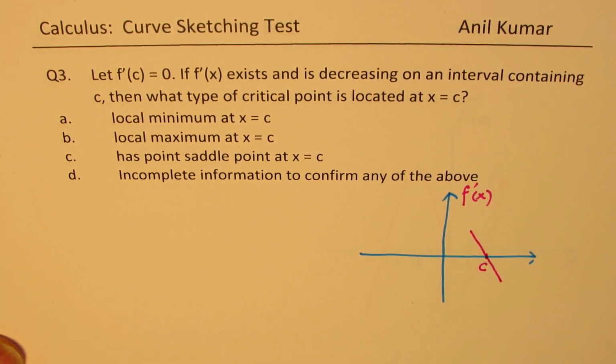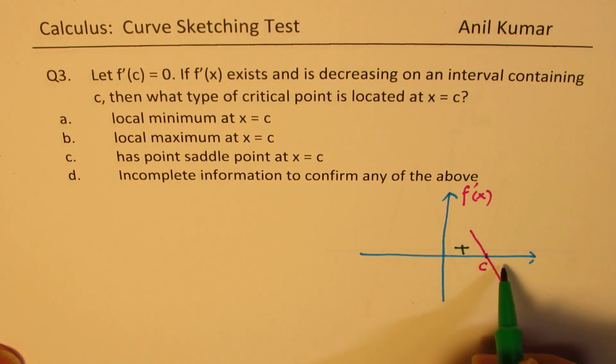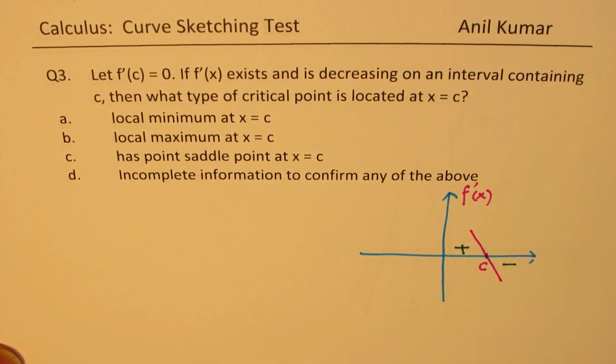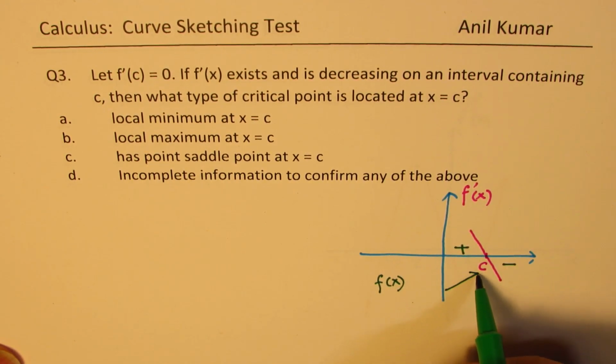So when it is decreasing, you will notice that the derivative is positive on the left side of c and negative here, correct? Now if the derivative is positive, what about the function? The function is increasing on this side and then decreasing. So what we have is a local maximum.